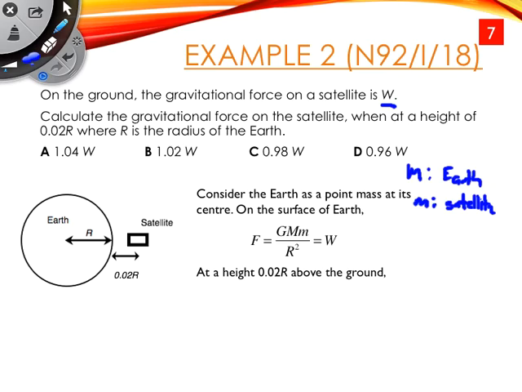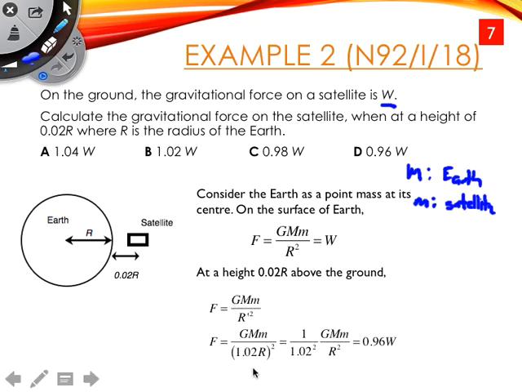At a height of 0.02 R above the ground, my new separation from the center is R plus 0.02 R, which is 1.02 R. Then with a bit of manipulation, I take out the 1.02 squared, so I have 1 over 1.02 squared, and what I'm left with is the original GMm over R squared, which is effectively W. So I take 1 over 1.02 squared multiplied by W, and I get 0.96 W. What does that tell you about the effective gravitational force as you go higher and higher?